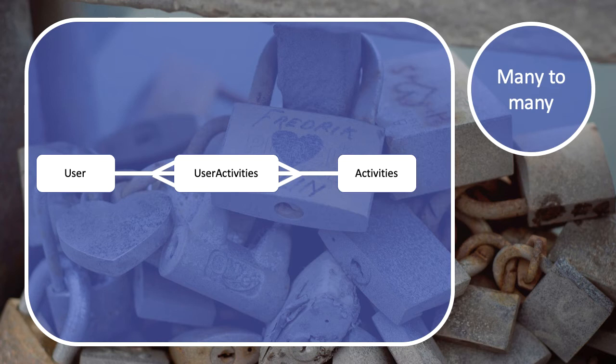That's what I'm referring to when I'm saying many-to-many relationship. But the way we need to configure this in Entity Framework Core is to treat this as two separate one-to-many relationships. What we're going to have is a join table, which in this case is going to be user activities. This is going to join our two entities and allow us to have an activity that has many users and a user that's attending many activities.